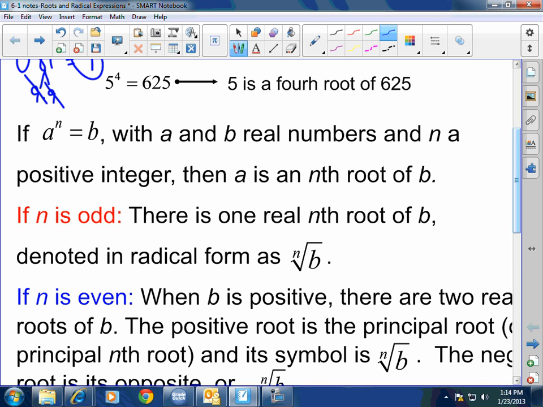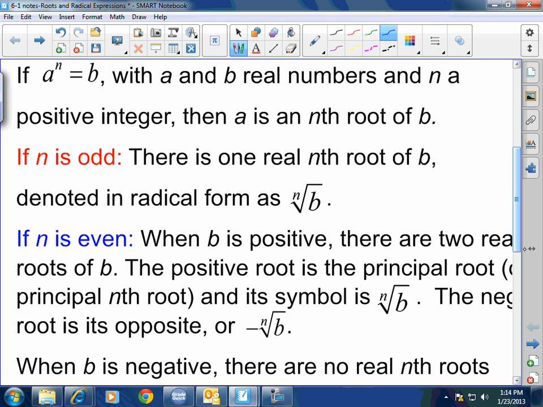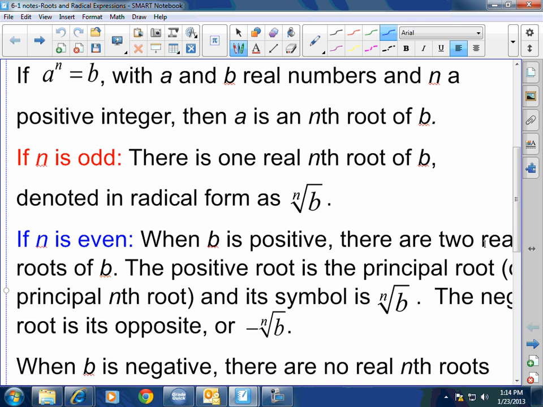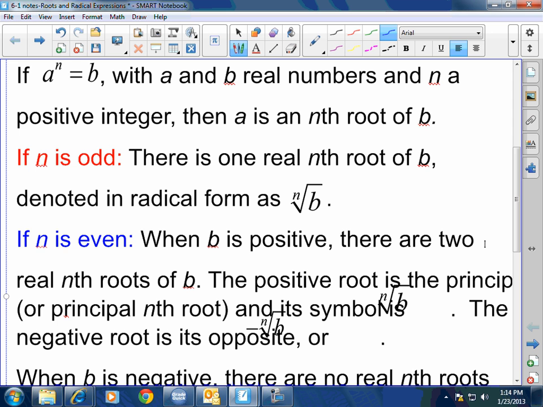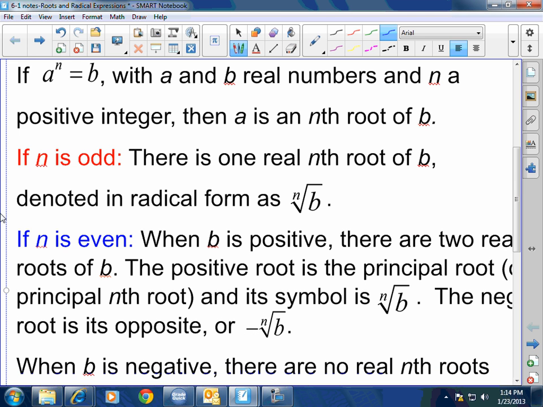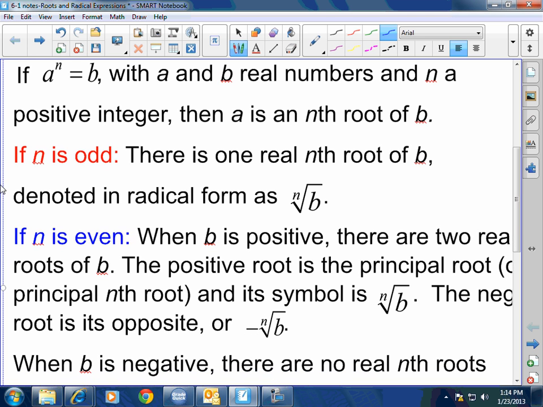If n is even, when b is positive, whoa, why is this not, hold on. Can't read that. It's kind of hard to read like that. Oh, but why would it be zooming?